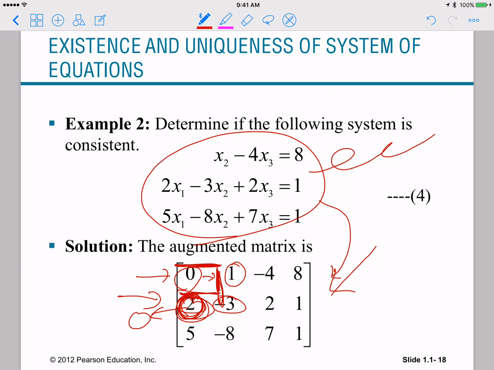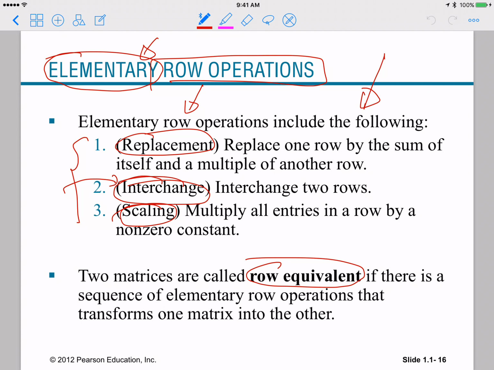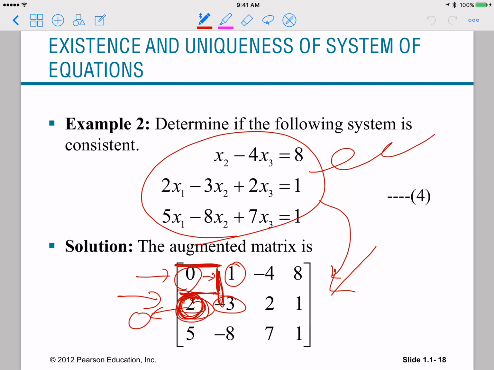So one operation that we can do to solve this situation is to simply switch them up, I mean switching the 2 rows. We call this interchange. So let's simply change the order of the first and the second equation.